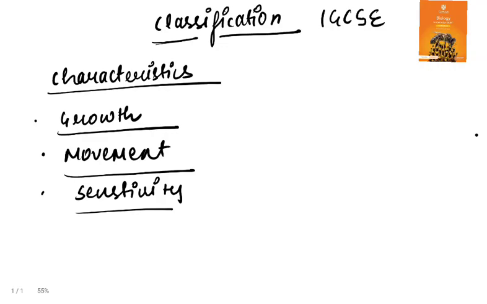Also, you can write excretion: their metabolic reactions, and what must be removed from the body. Okay, excretion. Then reproduction.